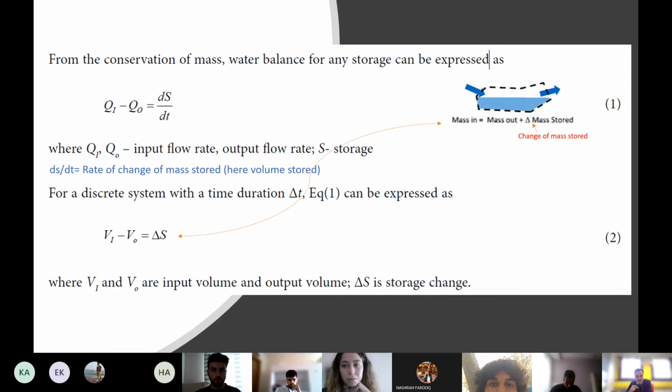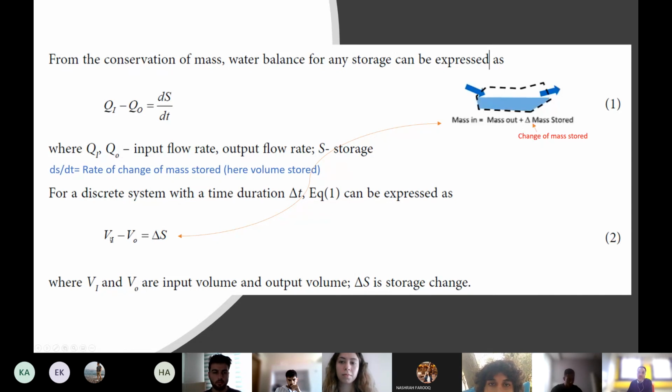Dividing something by dt, or thinking about its variation by time, is called rate. So the rate of input volume minus the rate of output volume equals the rate of change in the storage.